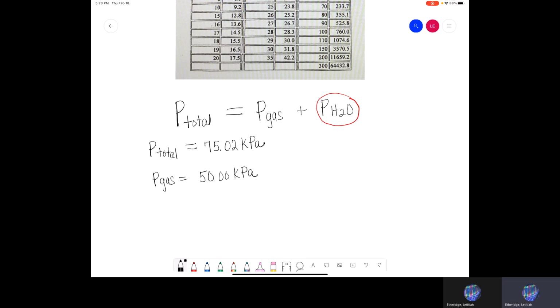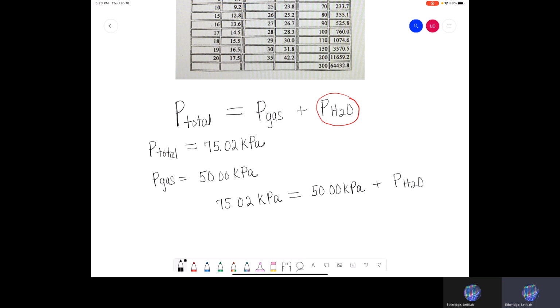Now it's asking you, what is the partial pressure of water? Okay, so if you were to rearrange this whole equation, you could do that. I'm just going to plug in the numbers and then we'll solve it from there. So P total is going to be 75.02 kilopascal. And that's going to equal my P of the gas, which the problem says is 50 kilopascal. And then it is asking me for the partial pressure of water, which I don't know.